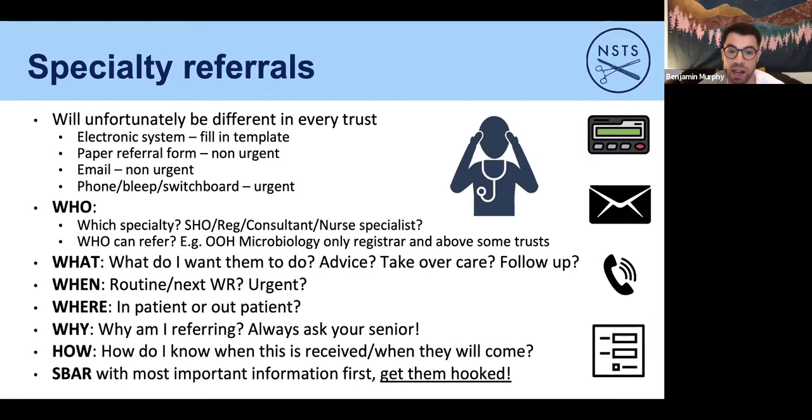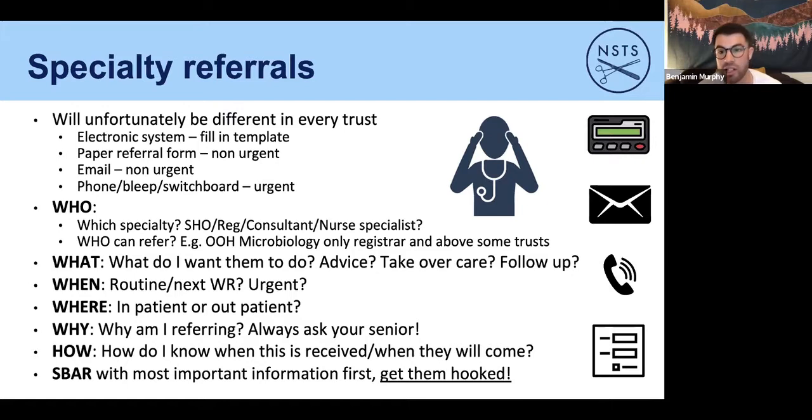And if you're doing telephone referrals, those are obviously all really important things to think about, but usually the best way to present your information would be in an SBAR format. So situation, background, your assessment and your recommendation, what you want from them. And try and get them hooked early on. If you're referring that chest pain lady to cardiology, you wouldn't start with, this lady came in 2 weeks ago and broke her hip.